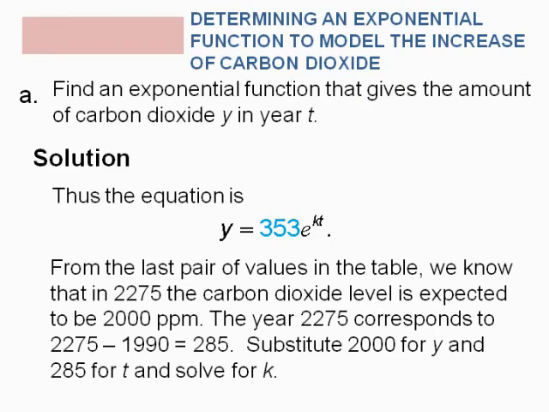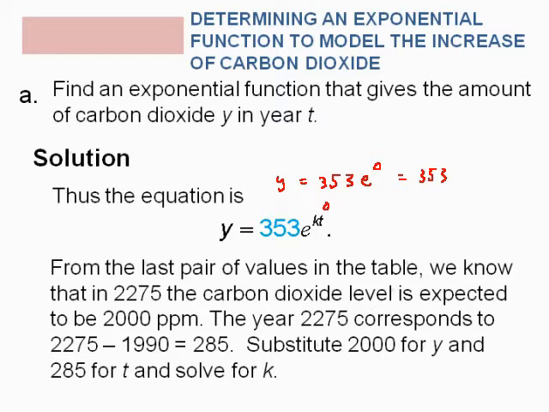Thus the equation, if we start out with t equals 0, is y equals 353 e to the kt power. Notice when the time is 0, k times 0 is 0, and e to the 0 power is 1, so we would definitely get 353 in our chart. So that's a good starting place.